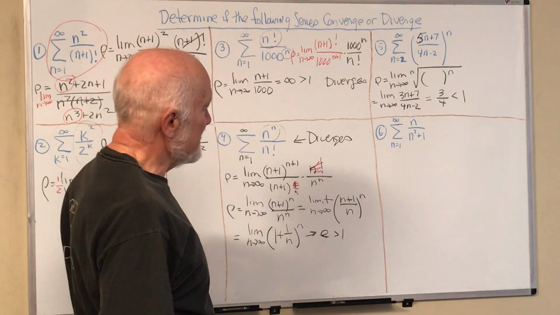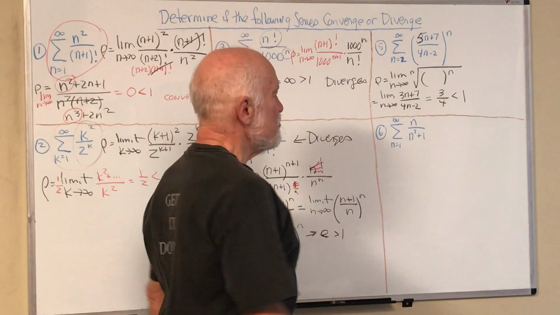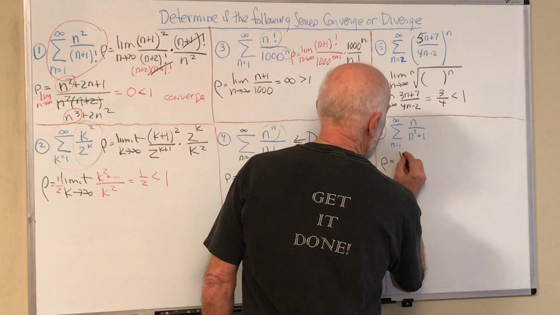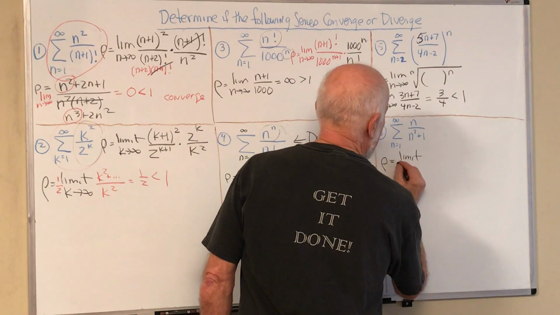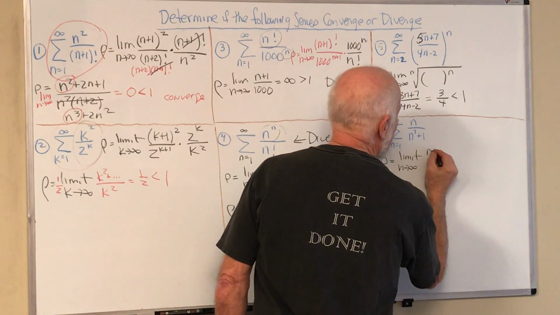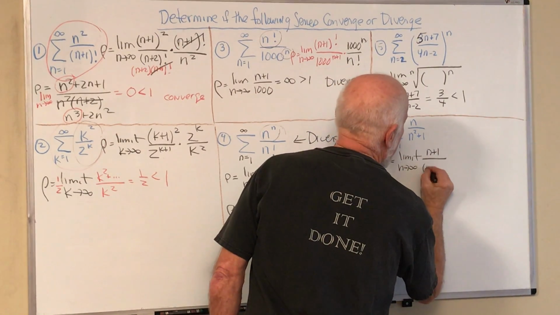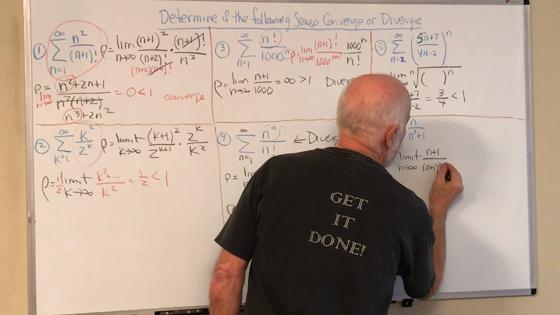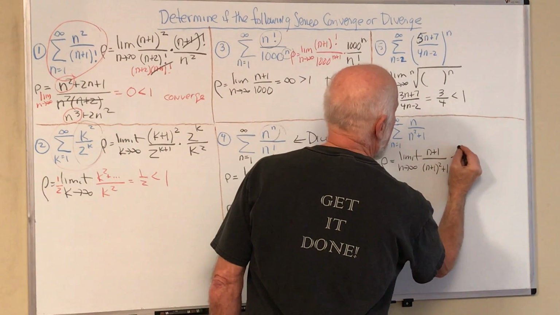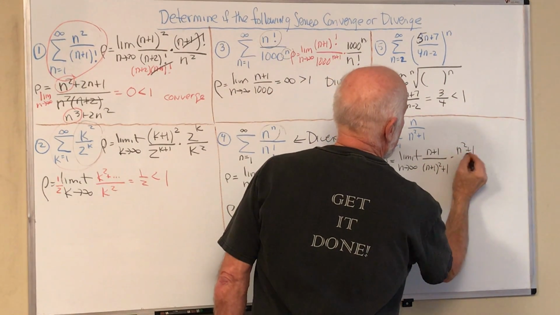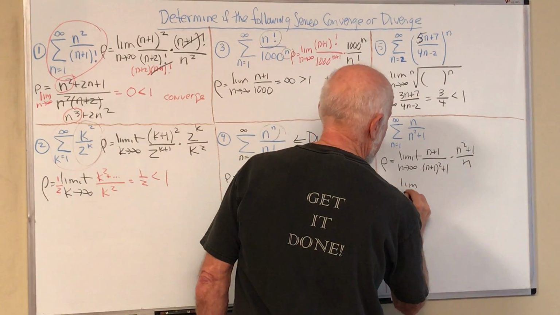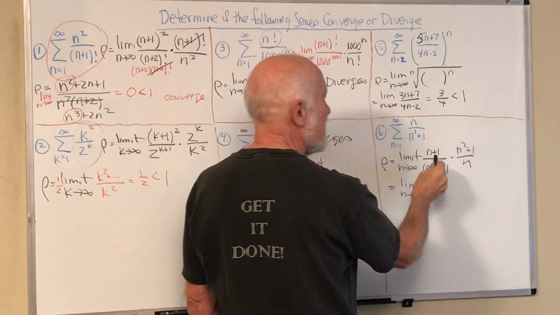Okay, well this one doesn't look too bad. Let's try the ratio test. The limit as n approaches infinity of (n plus 1) over ((n plus 1) squared plus 1), divided by this or multiplied by the reciprocal. And so what do you get?